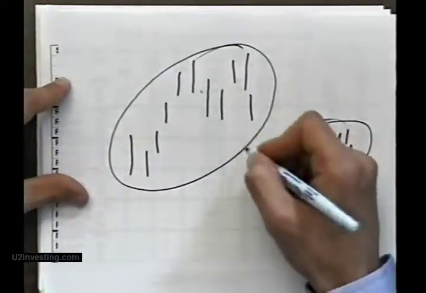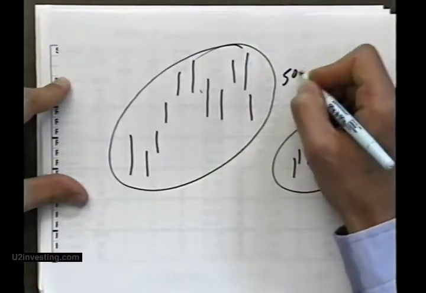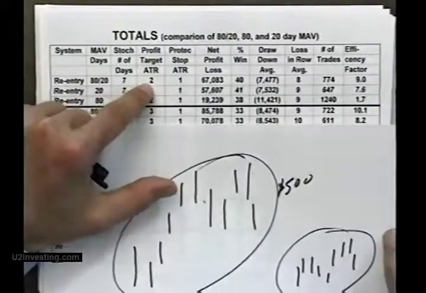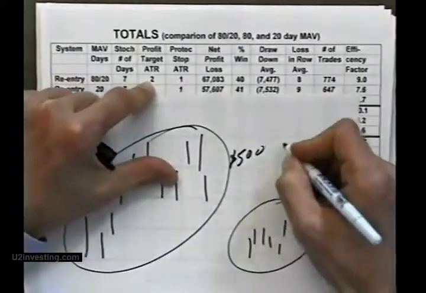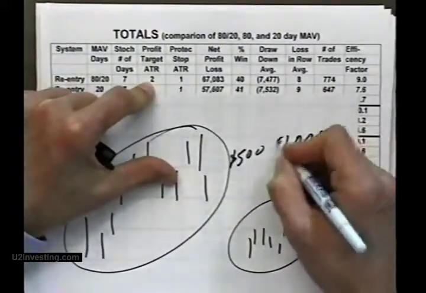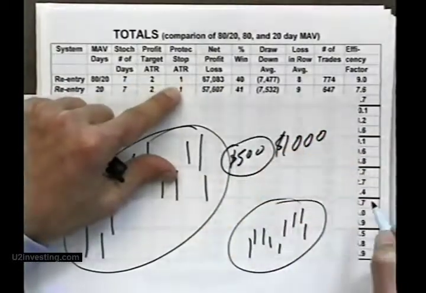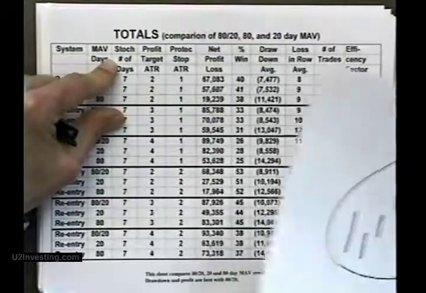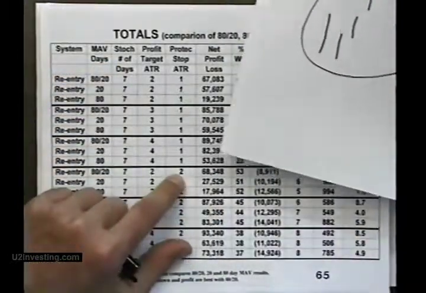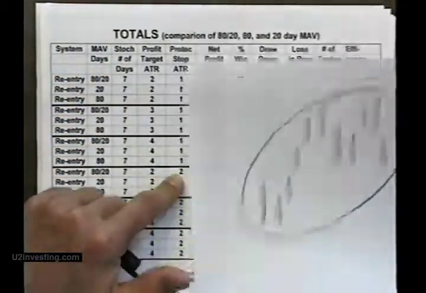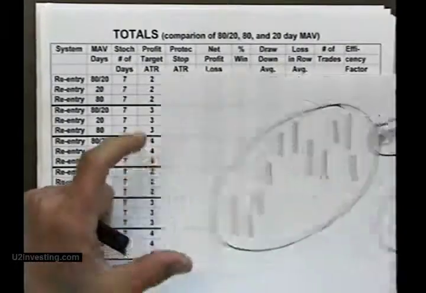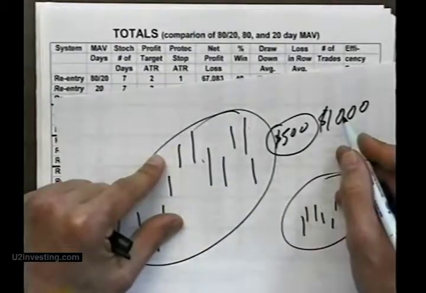And if the volatility is $500 per day, then a 2 ATR profit target would mean our profit target is $1,000. And our protective stop is $500. Down here, we use 2 ATR as a stop. So that means if the volatility was $500, then our stop would be $1,000.